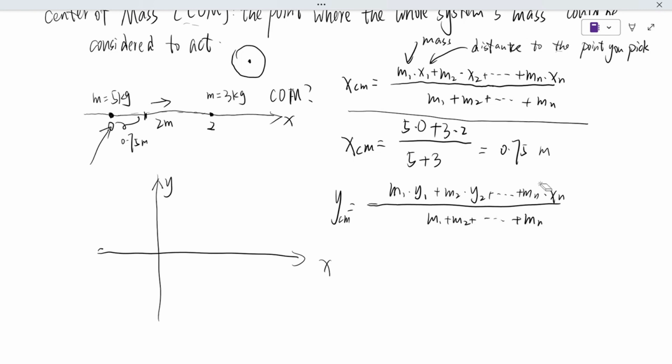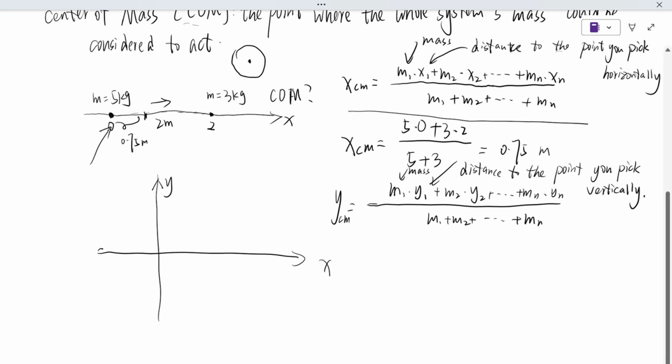Oh, this one's supposed to be yn, my bad. And m is still the mass. Y is the distance to the point you pick vertically. This one is horizontally.